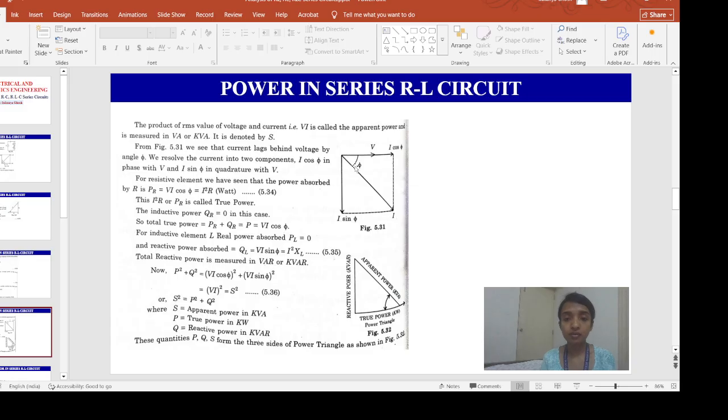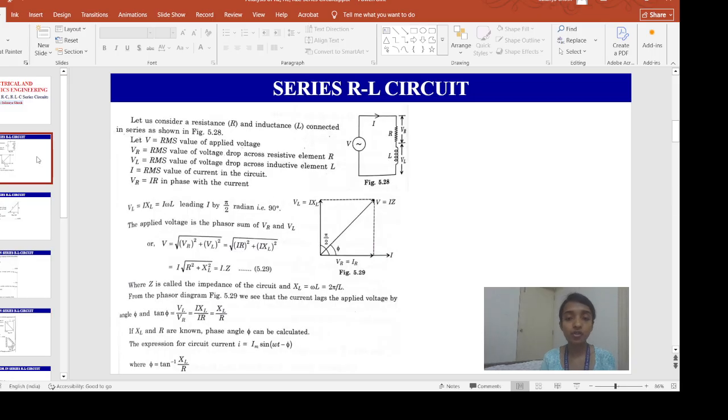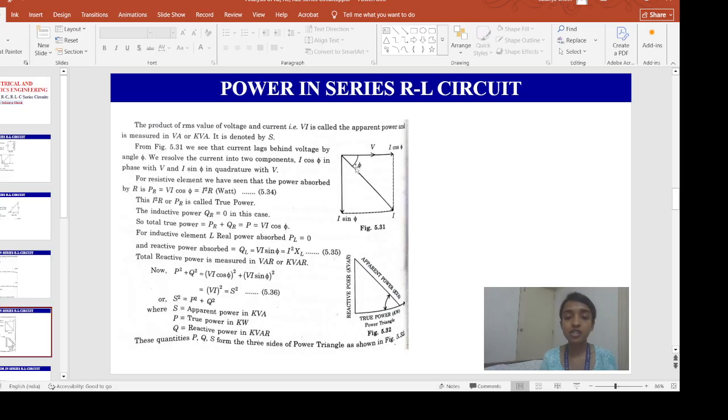That's what we have seen, right? Or from this triangle, the current lags the voltage V by an angle phi. Okay. Now, if this angle is phi, this will be I cos phi and this will be my I sin phi.